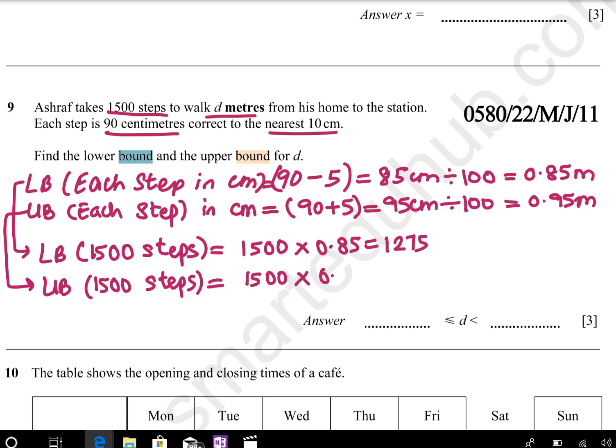Into 0.95, and that is 1425. So the lower bound of 1500 steps is 1275 and the upper bound of 1500 steps is 1425.